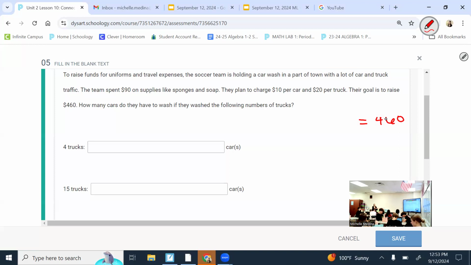So like the $90 on supplies that they have to spend, does that take away or add to the total? Take away. So in this, it's going to be something minus 90 probably, or negative 90 plus everything else. Then they plan to charge 10 per car and 20 per truck. How can I write that with numbers, variables, symbols?